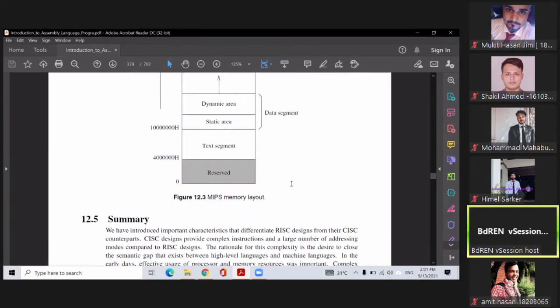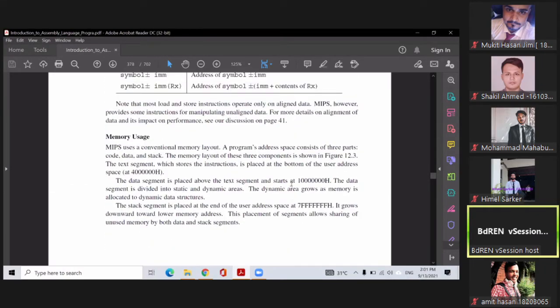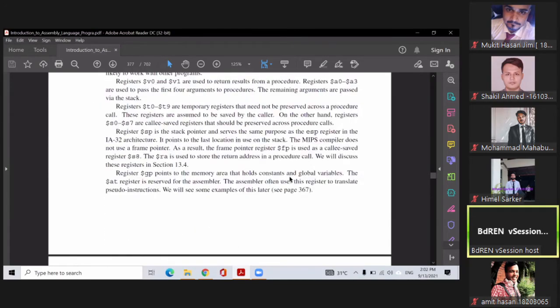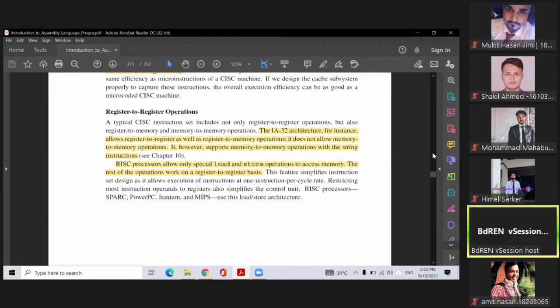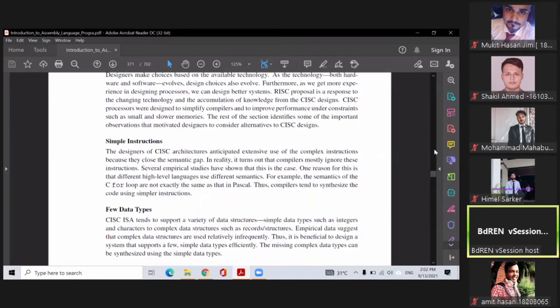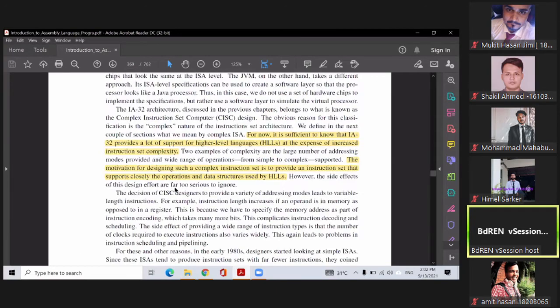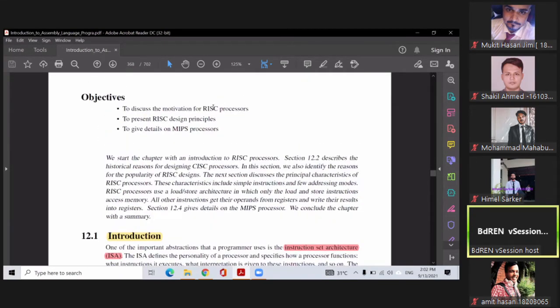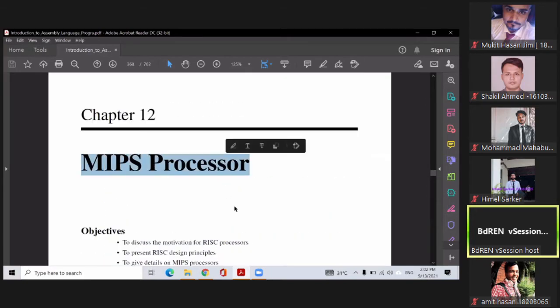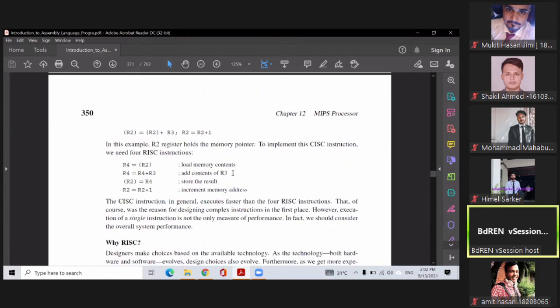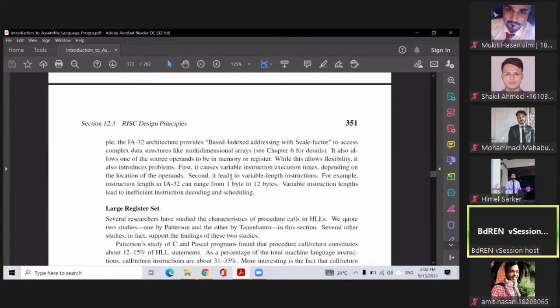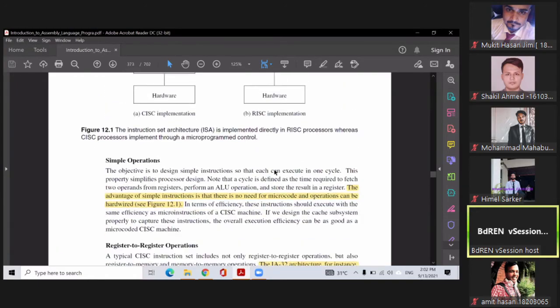Fine, that is the end of this chapter as well. Let me very quickly say what is in chapter number 12. We started with what the MIPS processor is, where we use it, the introduction, and why we need the RISC processor and what the differences are, which we already discussed in chapter number 1. Then we discussed six design principles, a very important question.